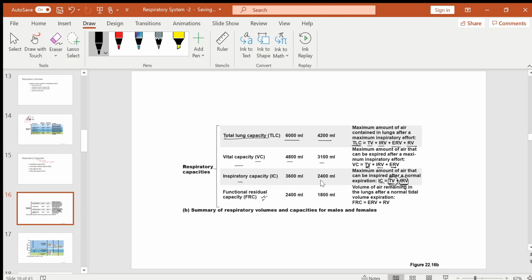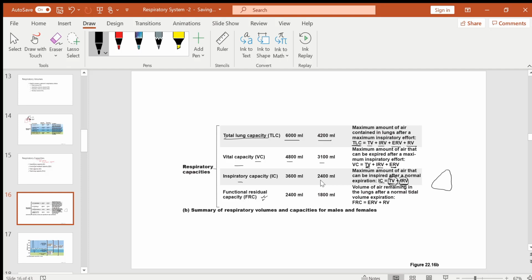So those are the capacities, and we measure the volumes and capacities to see the ability of your lung to expand and recoil. So that is the lung function test.